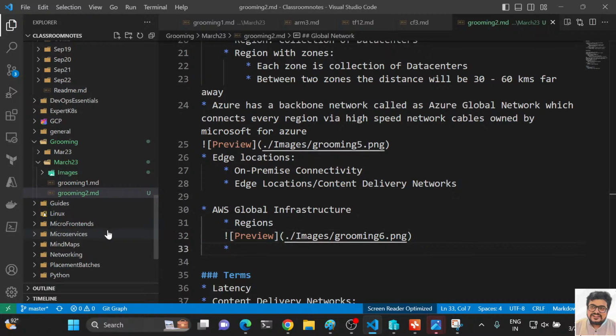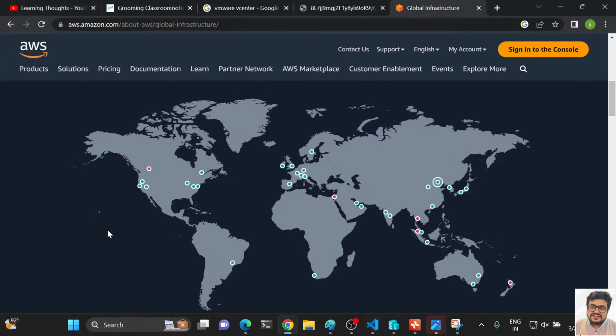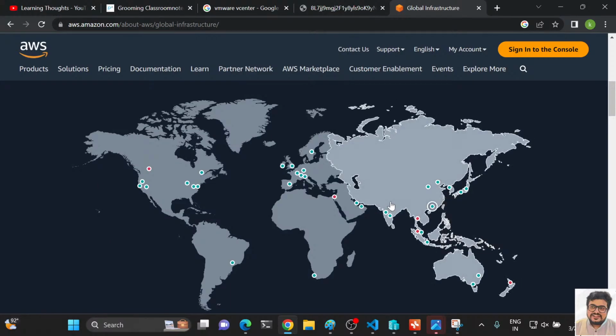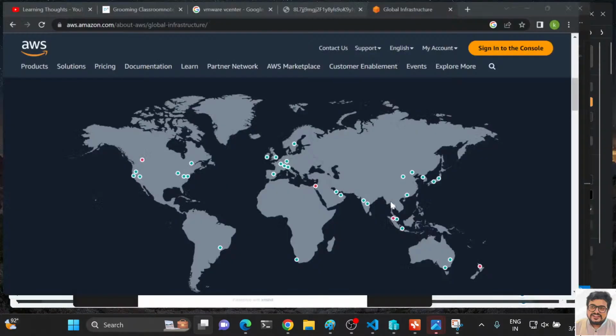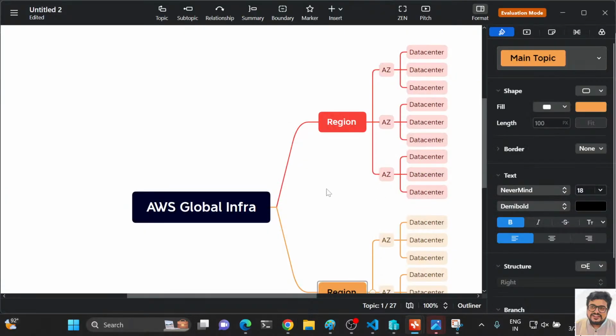Now they have one more interesting thing which is called local zones. What is this local zone? For example, in India there is one local zone in Delhi. That is not multiple zones, that is only one availability zone.